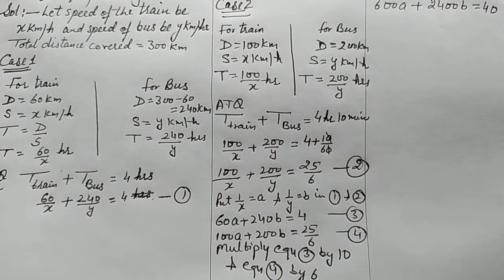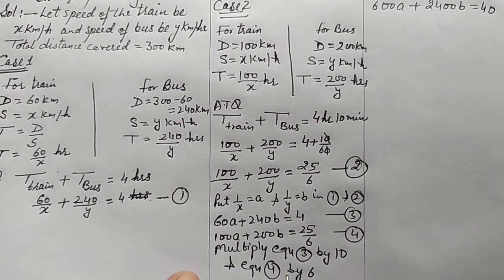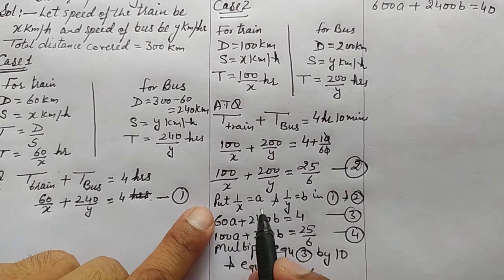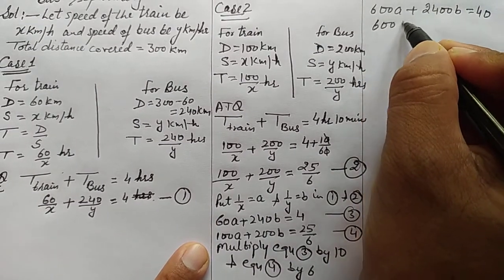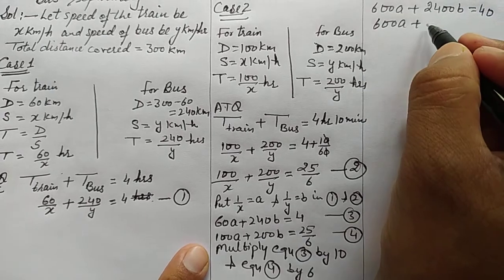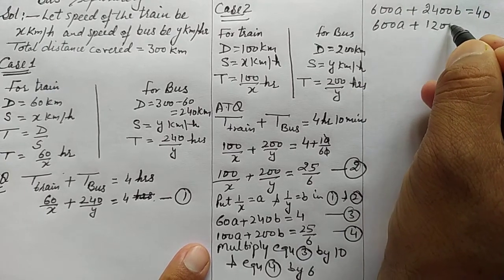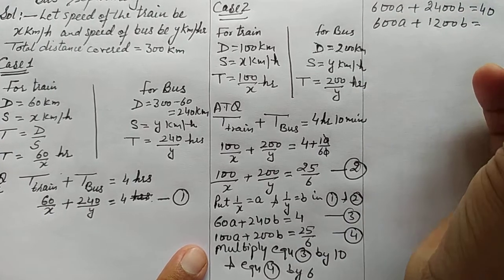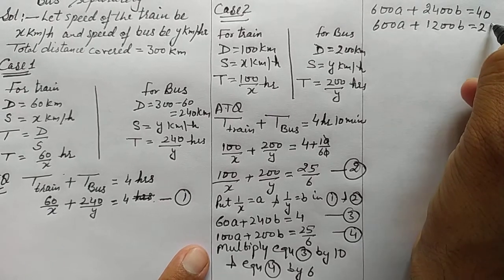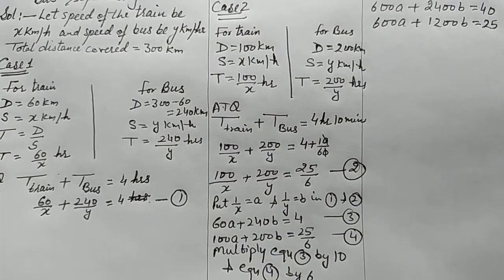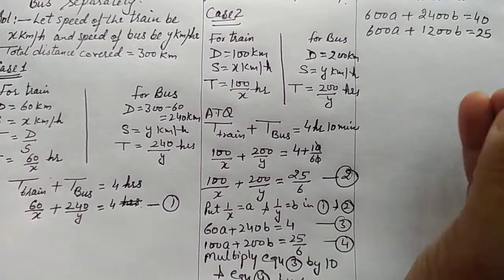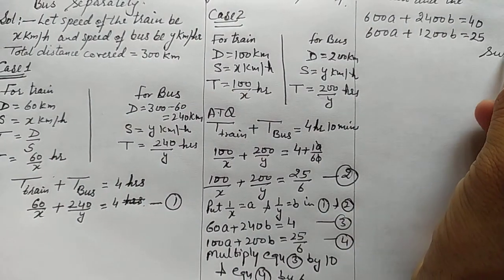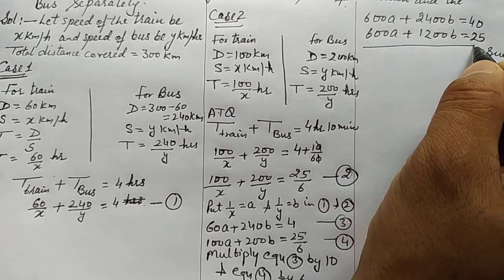Now the second equation, we have to multiply the next equation by 6. So 100 into 6, that is 600a plus 200 into 6 is 1200b is equal to 25 over 6 into 6 is 25 only. So here see the coefficient of a is 600 and the signs are same, so we have to subtract these two equations so that the signs will be changed.